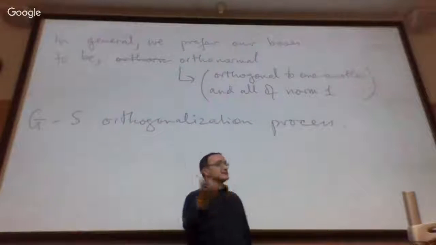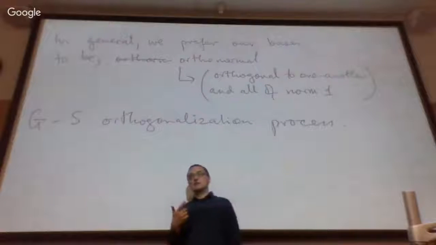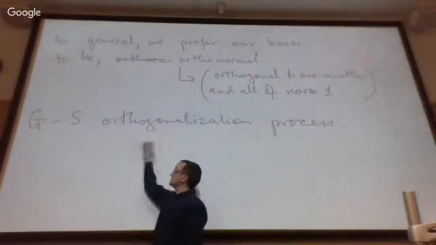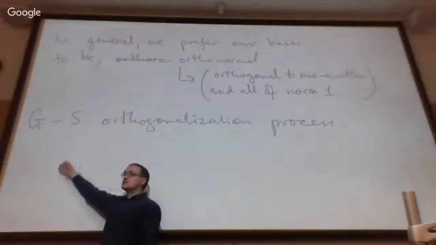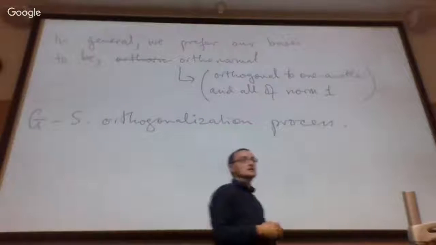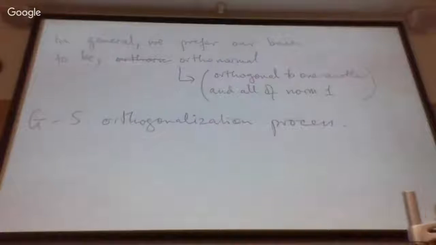Remember, a basis has to consist of linearly independent vectors. That's a lot weaker than saying they're all orthogonal to one another. So the Gram-Schmidt process is an algorithm that takes an arbitrary basis and works on it, straightens it out, and standardizes it so that it is an orthonormal basis. Okay?